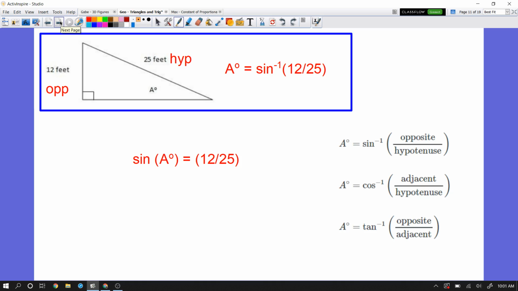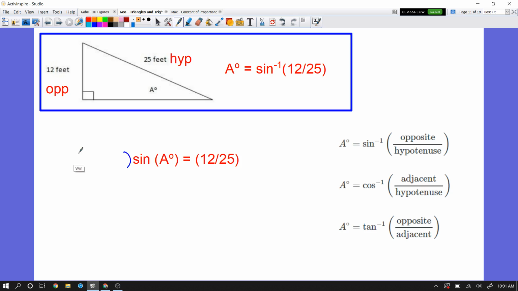So what we have here is, I want to figure out what A is, right? So I have to find the inverse. What that does is it'll isolate this angle measure. Typically we'd have this angle measure put in and we'd be missing this one. So here's how we're going to go about doing it this time.